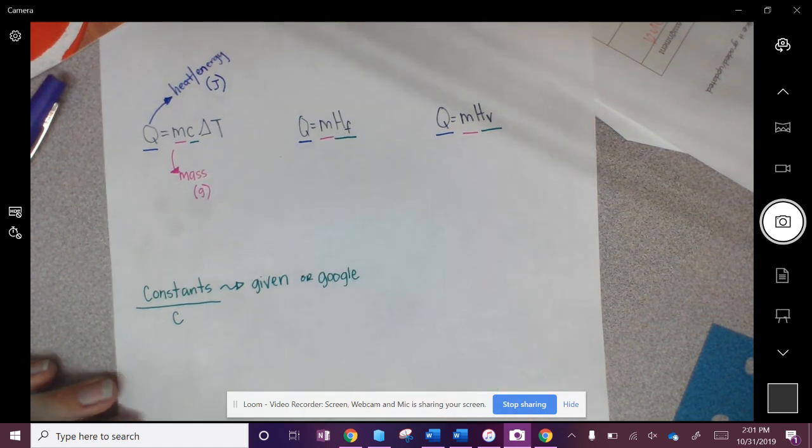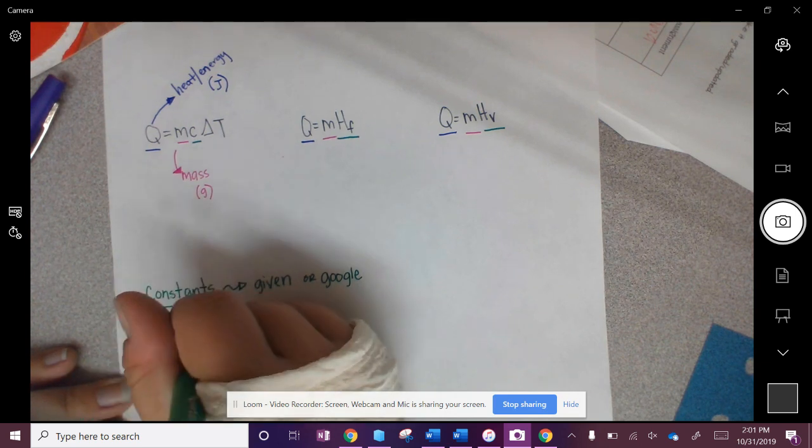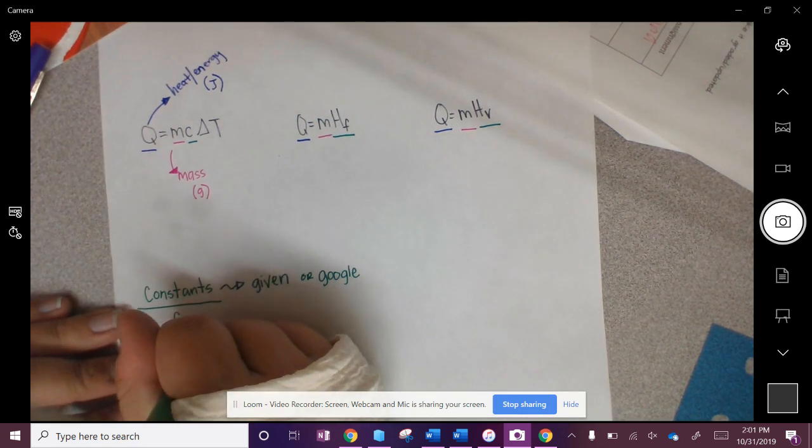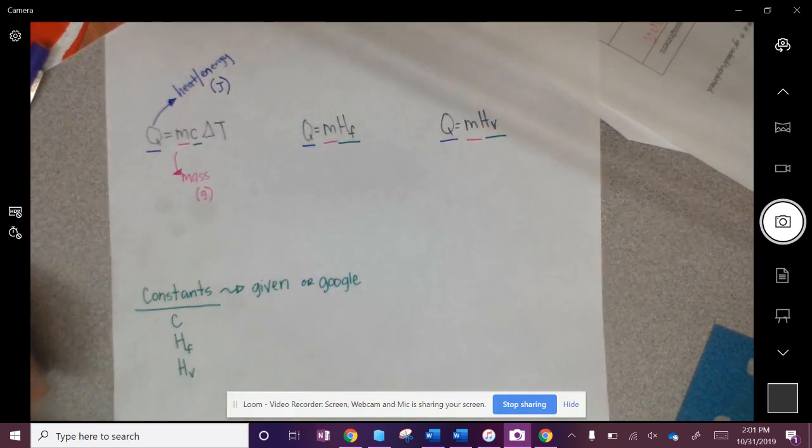The only time you won't Google or be given it is if it's looking for it. So if it says, what is the heat of fusion of this sample, or what is the specific heat capacity of this random thing? Well, then you'll calculate it. But if you need to find it, then it should be given to you. So it's just a little side note there.